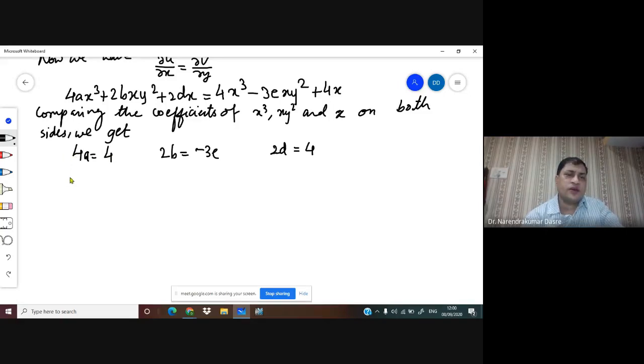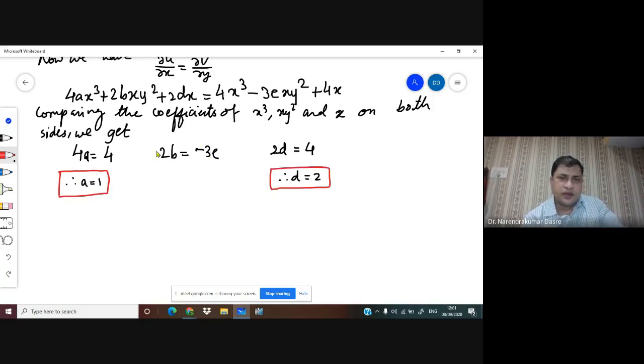Okay, and so from here we are able to get a is equal to 1. From here we are able to get d is equal to 2. Okay, so we got the value of a, we got the value of d. But this equation contains the variables on both hand sides, so we cannot simplify this right now. So we'll keep this to simplify later.